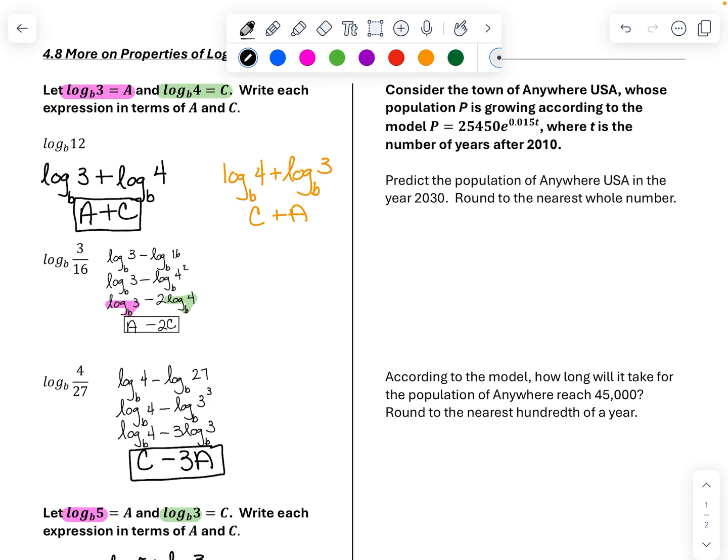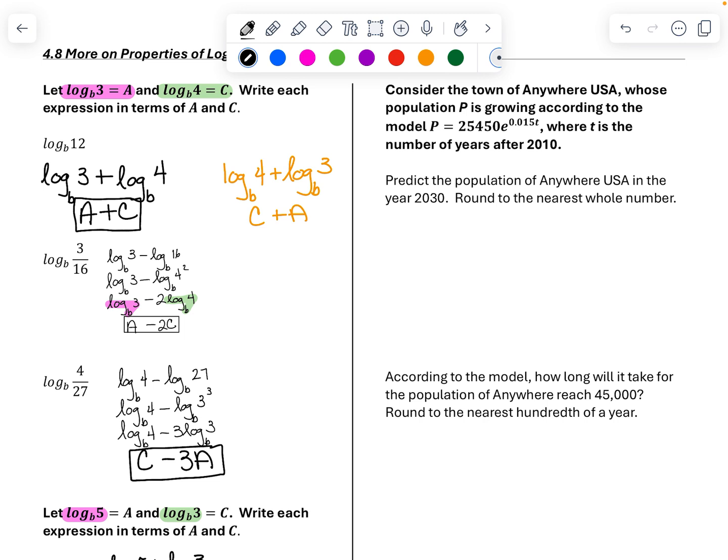Let's see, consider the town Anywhere USA whose population P is growing according to the model P equals 25,450 people, e to the power of 0.015t, where t is the number of years after 2010. Predict the population of Anywhere USA in the year 2030.